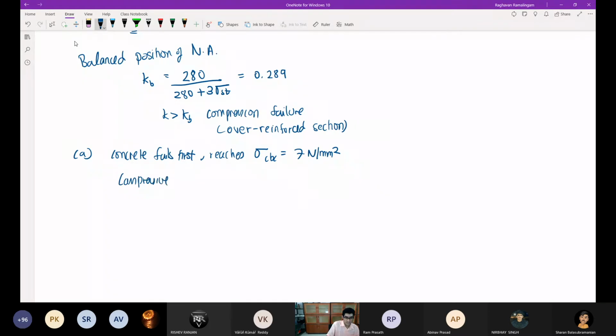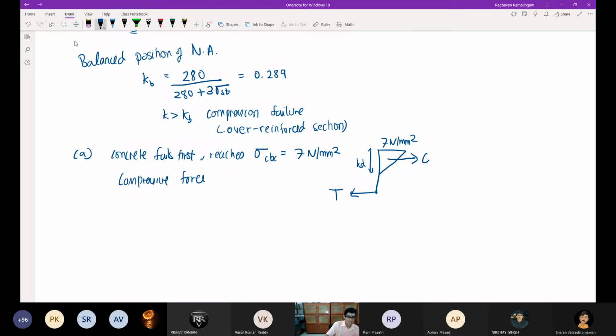Compressive force. So for this, I may have to draw. Compression, below is steel in tension. This is your KD, and this is 7 Newton per millimeter square, the stress over here. To find the total compressive force, you just multiply the area of this triangle by the width of the beam.